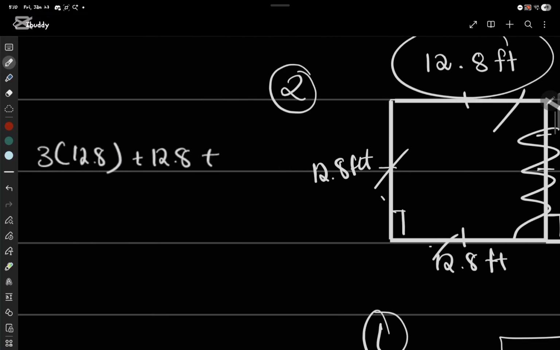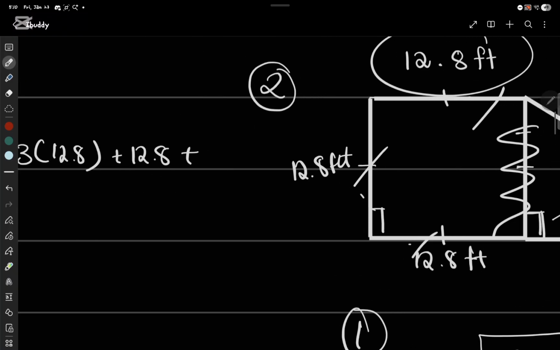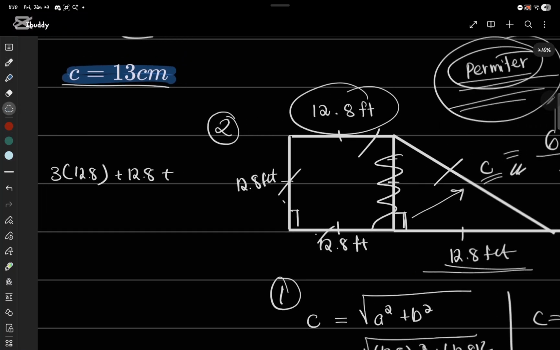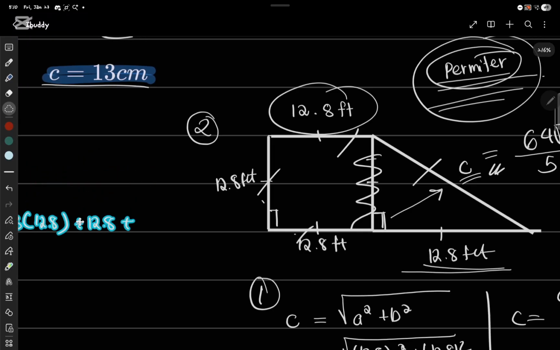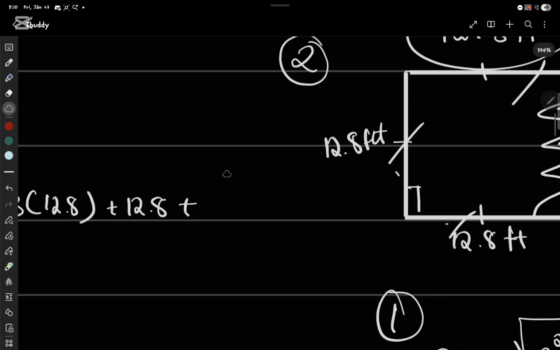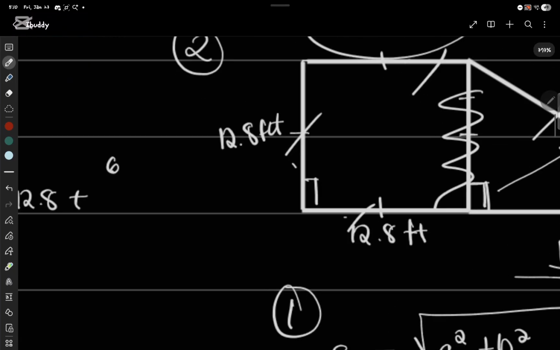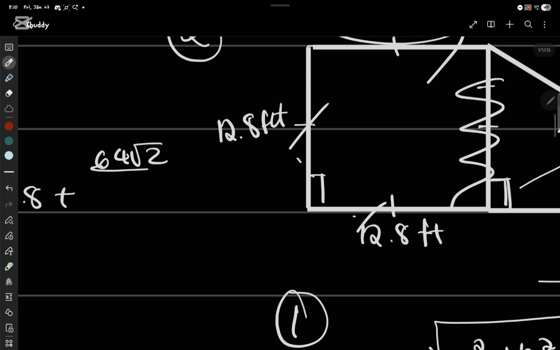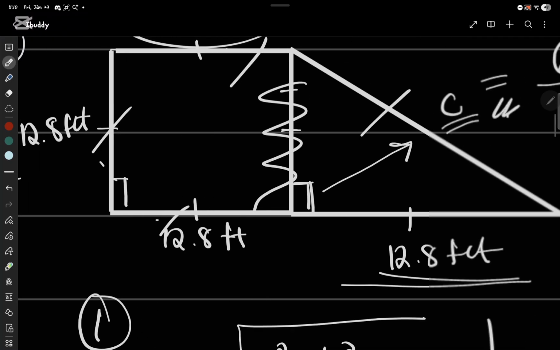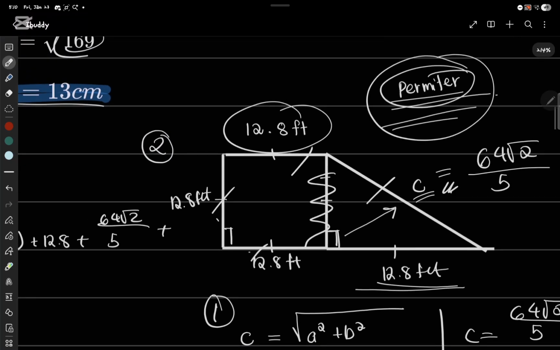Now you get plus C, which is, let me just move this over, plus C, which is going to be 64 root 2 over 5, and then you have, yeah, that's going to be it.